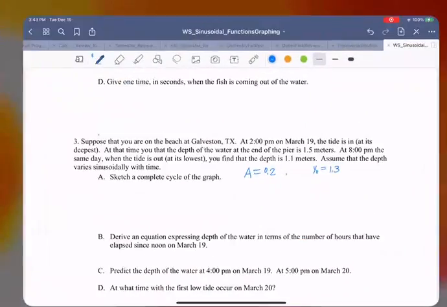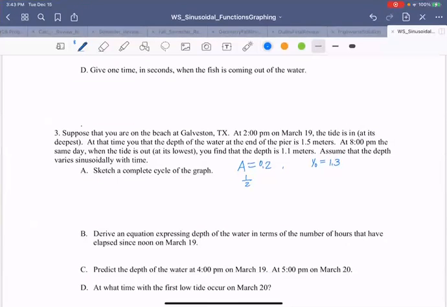One half of T equals 8 p.m. minus 2 p.m. So from 2 p.m. to 8 p.m., that's 6 hours. T equals 12, and T also equals 2 pi over b. So b is 2 pi over 12, which is pi over 6.